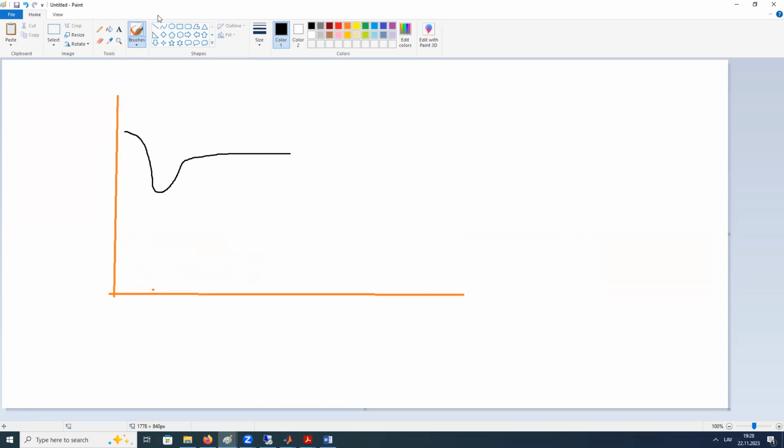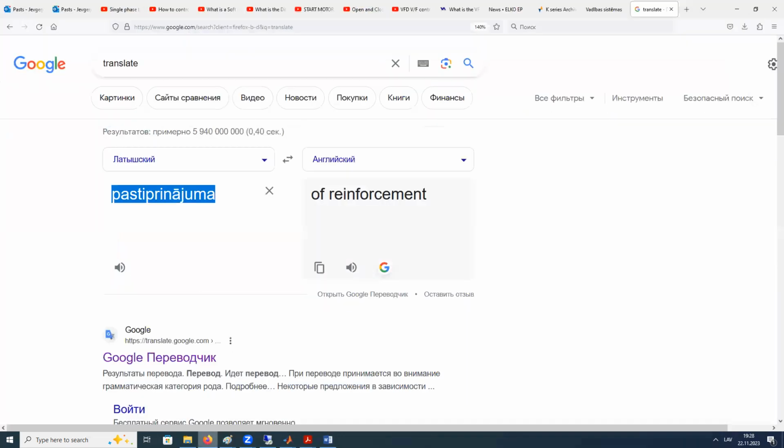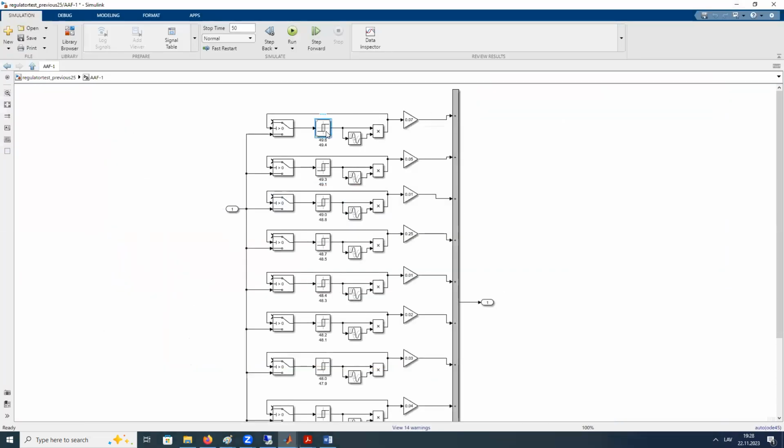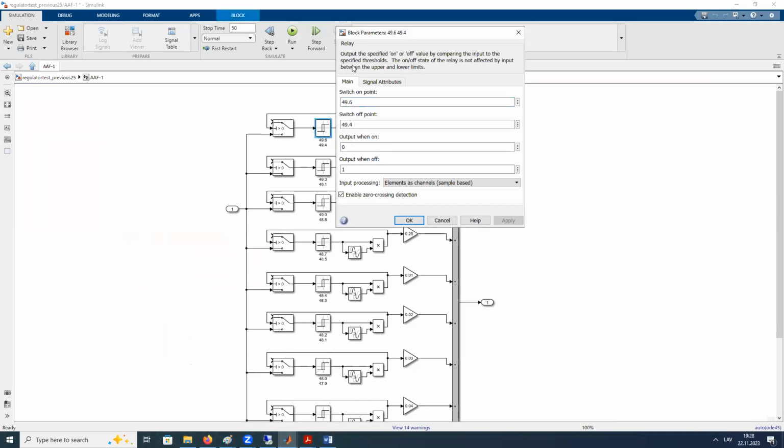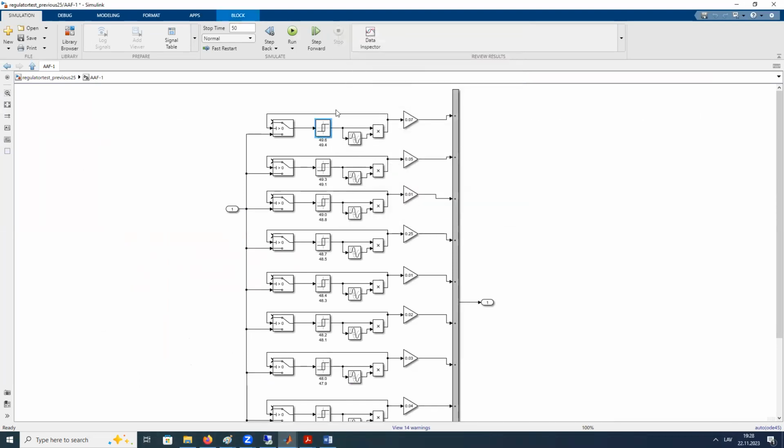And to not let one step of under frequency shedding automation work repeatedly, it goes down to start here and again here, because we can only disconnect one load once. That's why we use this type of saturation, this relay block parameters. But the main idea is the start point, when it starts.